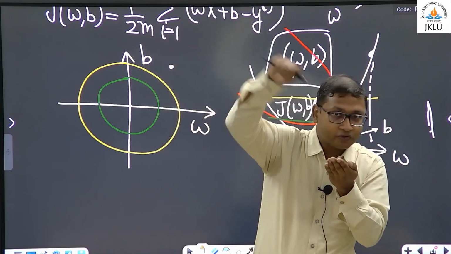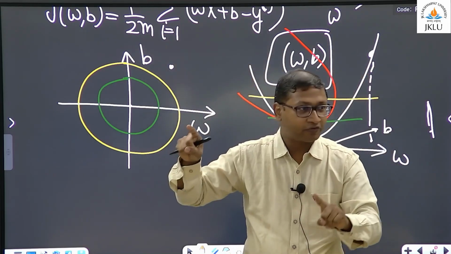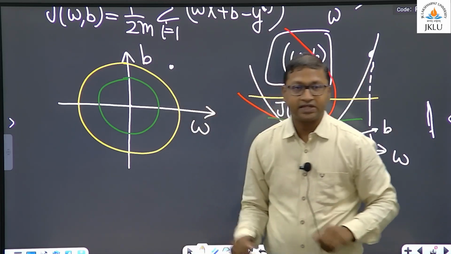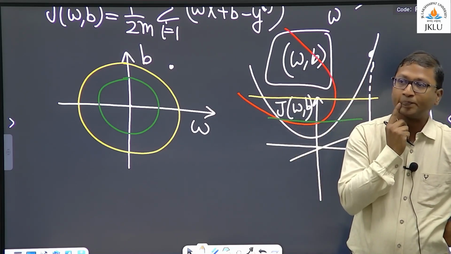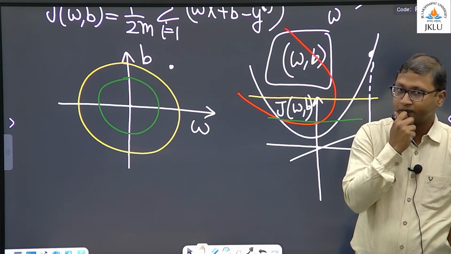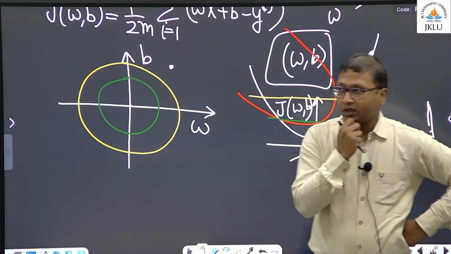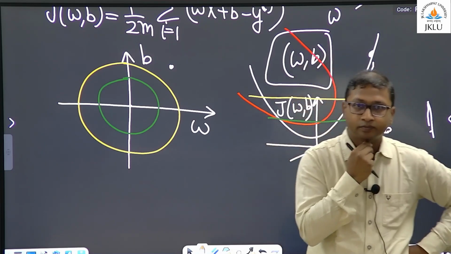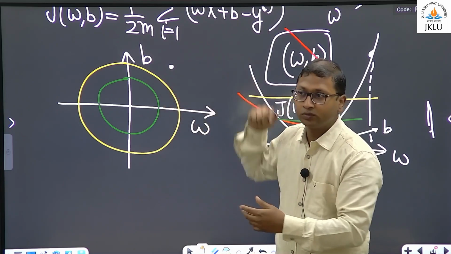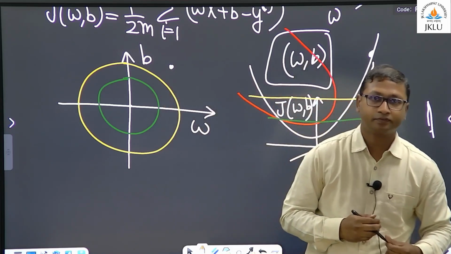So that line gives you the tangent to this particular function at that point, right? What happens in this case? What happens in case of 3D? I mean, when you have two independent variables?